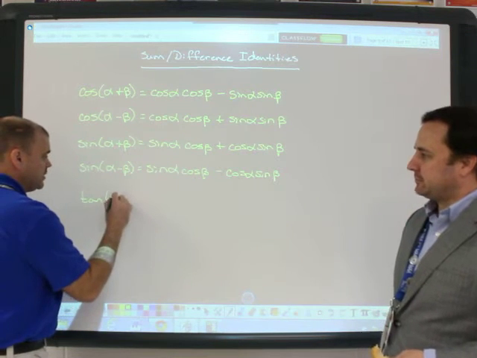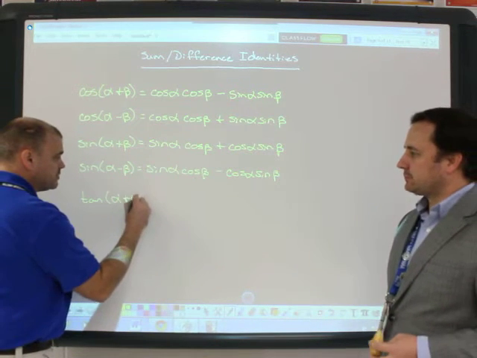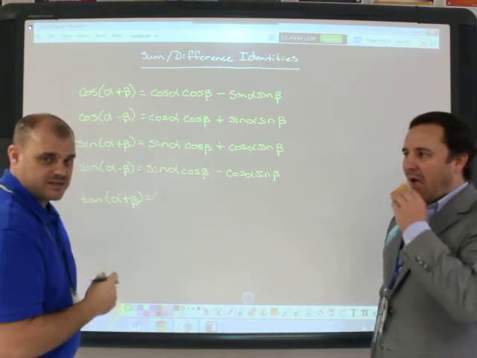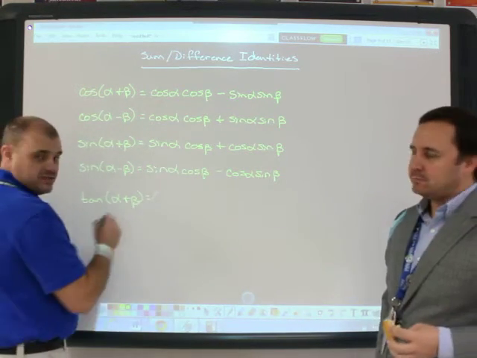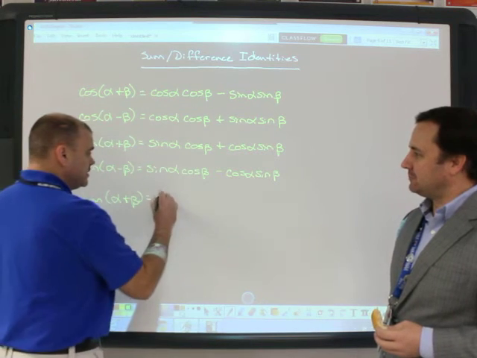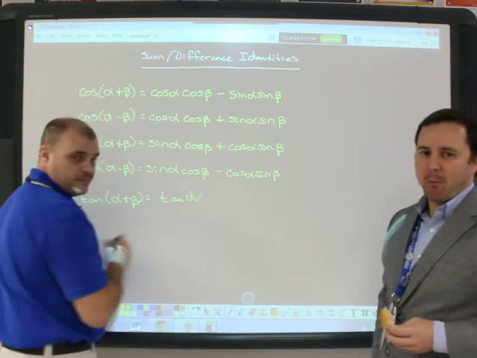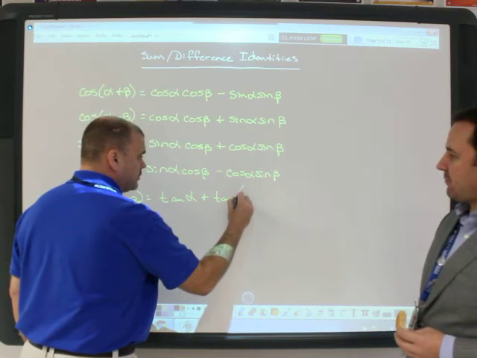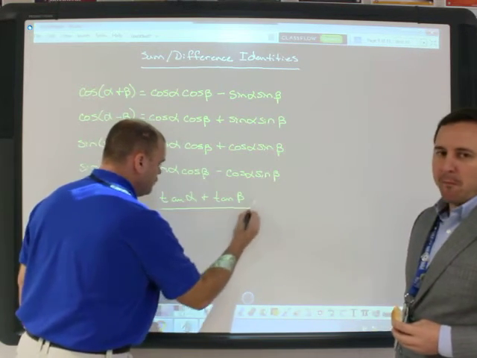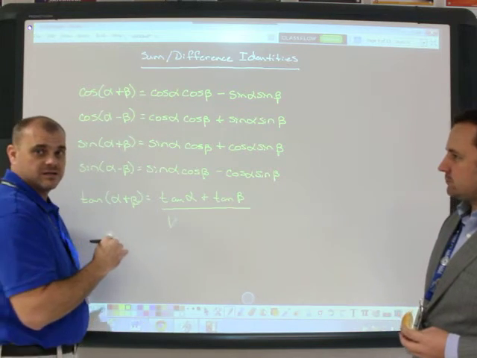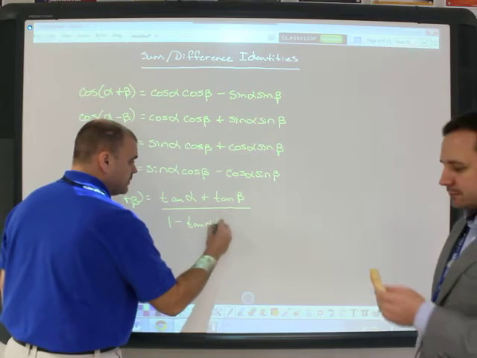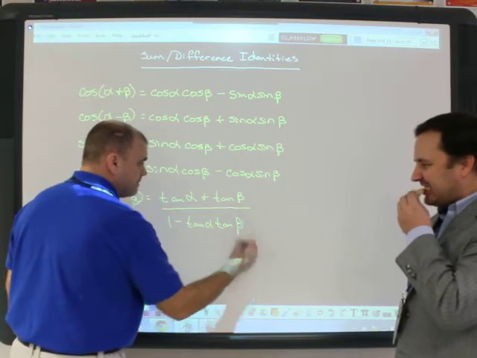Then we have the tangent of alpha plus beta. Yes, we have to deal with sine, cosine, and tan. The tan of alpha plus beta is going to be equal to the tangent of alpha plus the tangent of beta over 1 minus tan alpha tan beta.